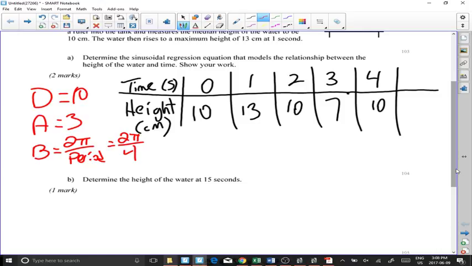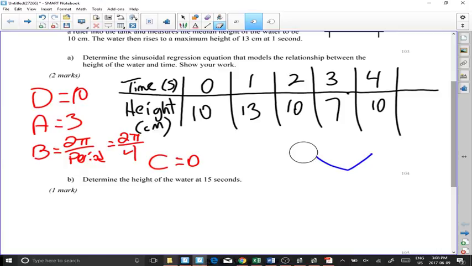And C, well, think about this. The height starts at the midline, it goes up to the maximum, it comes back down, it goes to the minimum and comes back up. Yeah, C is 0 because it starts where it needs to start.